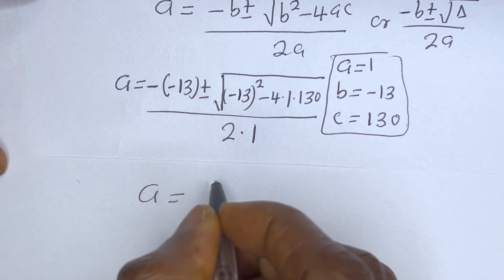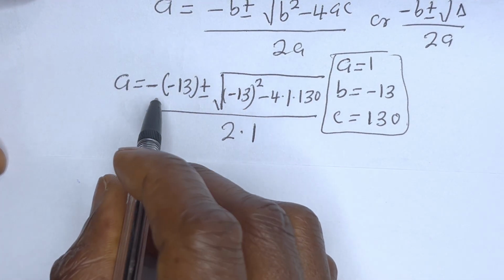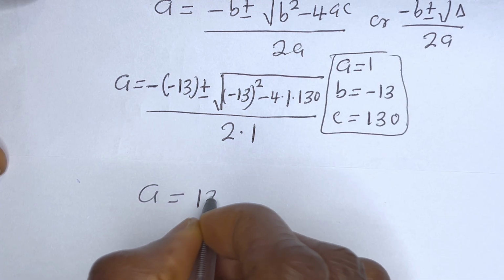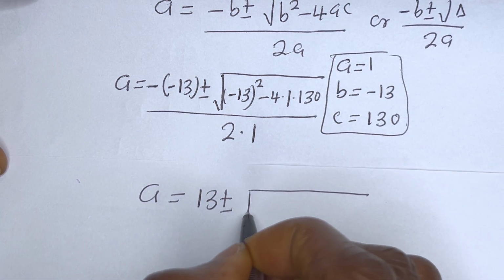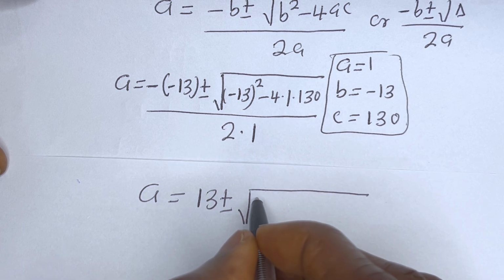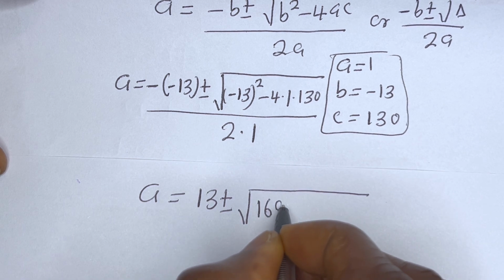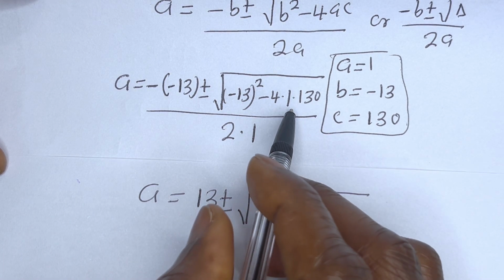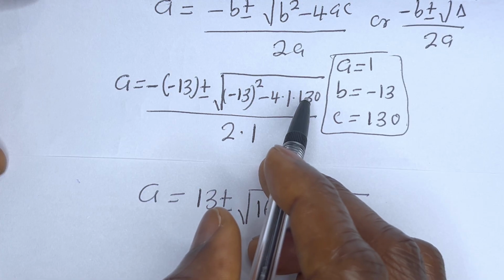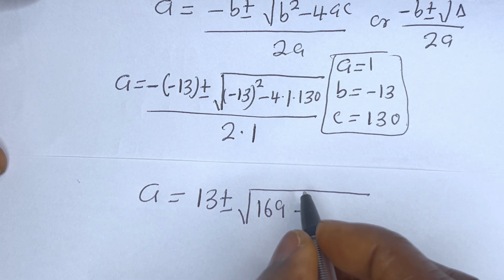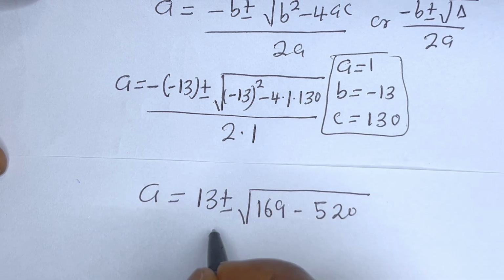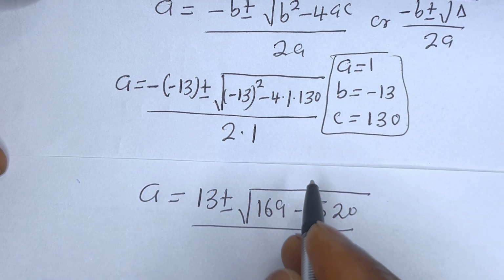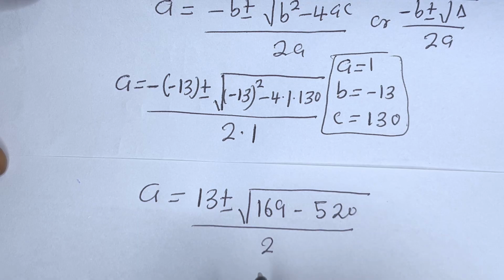A is equal to minus times minus 13, that is 13, plus or minus square root of 13 squared, that is 169, minus 4 multiplied by 1 multiplied by 130, that is 520, over 2 multiplied by 1, 2.